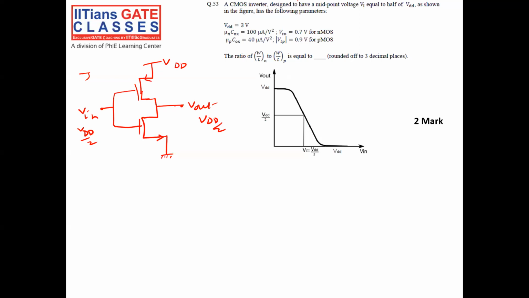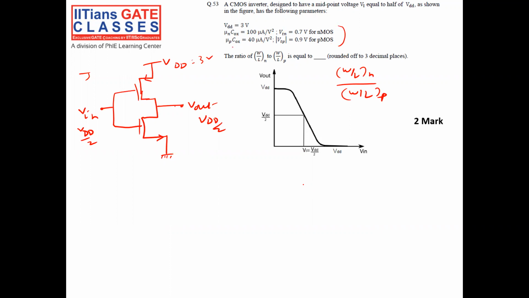VDD is equal to 3 volt. Now given everything, right? Mu n Cox, VTN, Mu p Cox, VTP, we have to find out W by L of N to W by L of P.